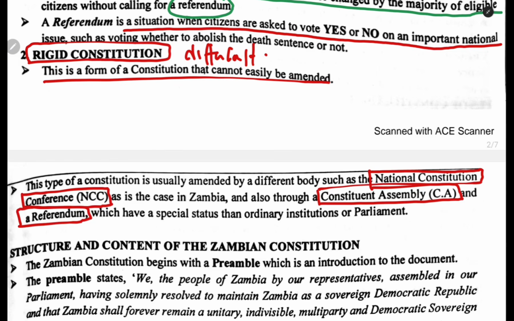These are the ways that can be used to amend the rigid constitution. So take note of this.